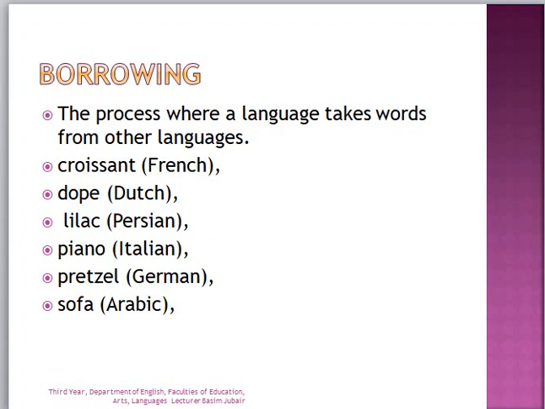For example, our Arabic language borrows from the English language, or the English language borrows from our Arabic language, or the French language, the Dutch, the Persian, the Italian, the German, and so on and so forth. So it is a matter of giving and taking. Why borrow?